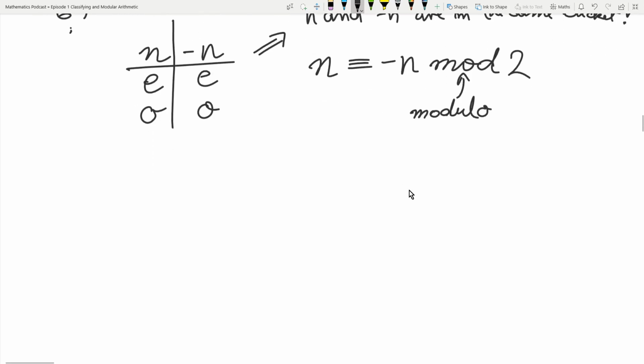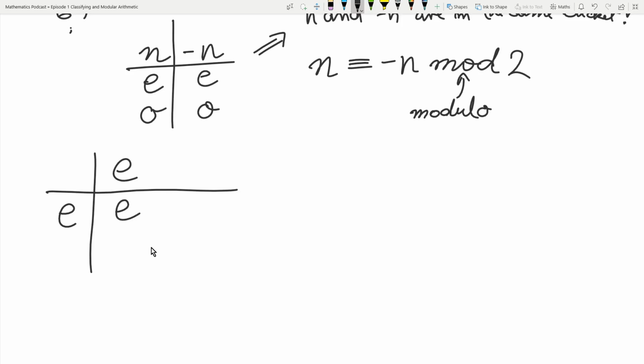Let's look. If we have an even number and we multiply it with an even number, we obtain an even number. If we have an even number and an odd number, we obtain an even number. And if we have an odd number and an even number, just reversing the factors, we still have an even number.